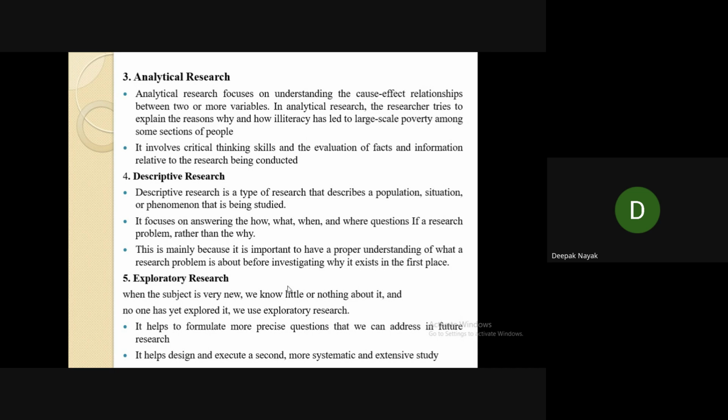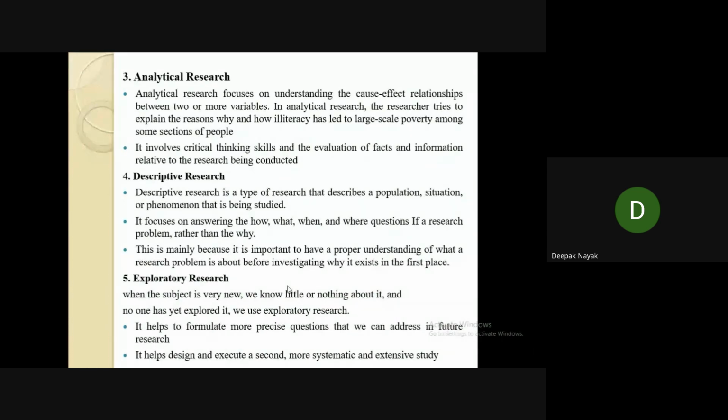Many studies were interested in conducting research to find the relationship between illiteracy and poverty, following very rigid statistical models and theoretical models.